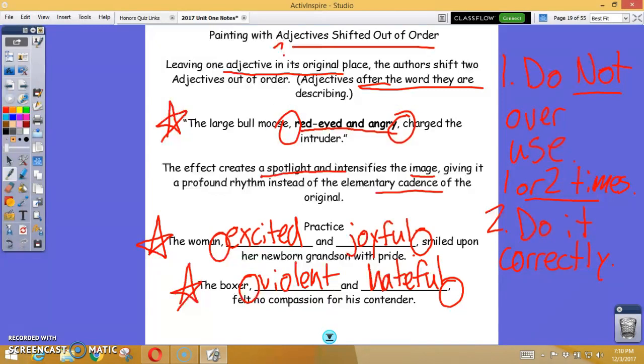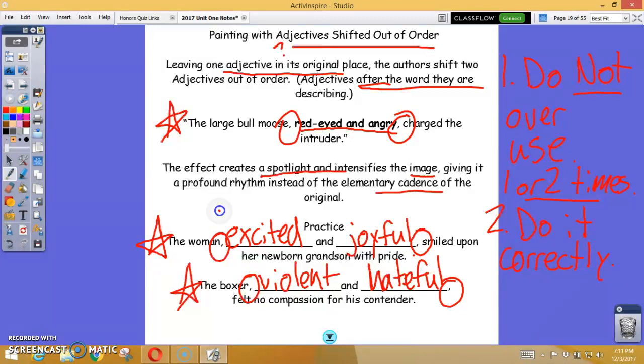So you have to be careful and make sure that you create that parenthetical comma for this adjective phrase, because we're shifting it out of order, so it's not working like normal adjectives that wouldn't require punctuation to set them off. But here we need it because we're inserting this adjective phrase out of order, and so that's a visual cue to the reader that we have to change our rhythm a little bit as we're reading. So you can hear the pause. The woman, excited and joyful, smiled upon her newborn grandson with pride.